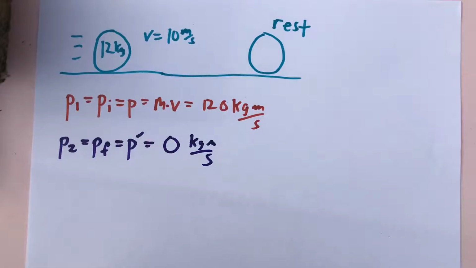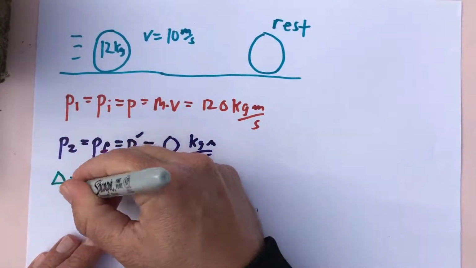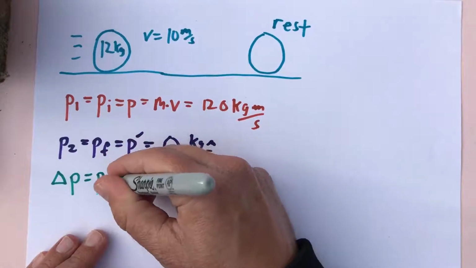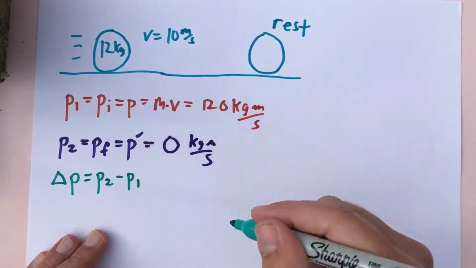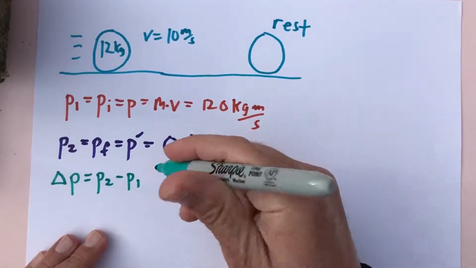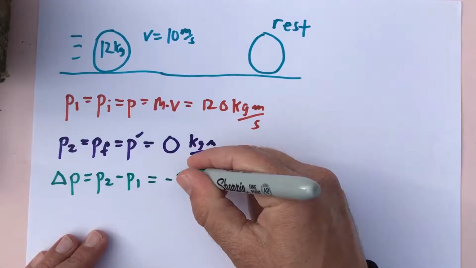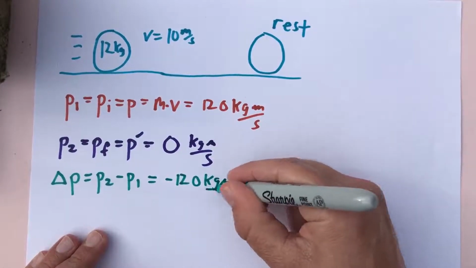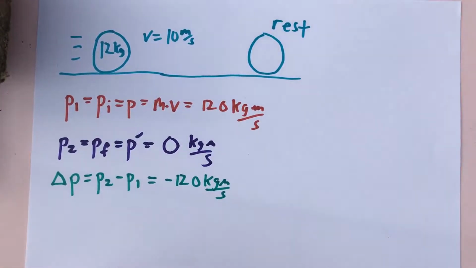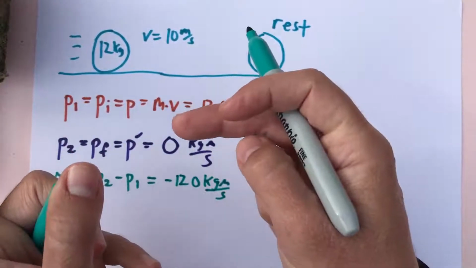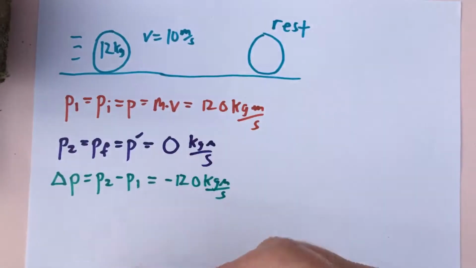So the next thing we can ask is, what is its change in momentum? Well, change in anything is its final minus its initial. So its final is 0, its initial was 120. So this is very important. Our change in momentum is negative 120 kilogram meters per second. The negative indicates our change was towards the left. In other words, we had to have a force to the left in order to do it.